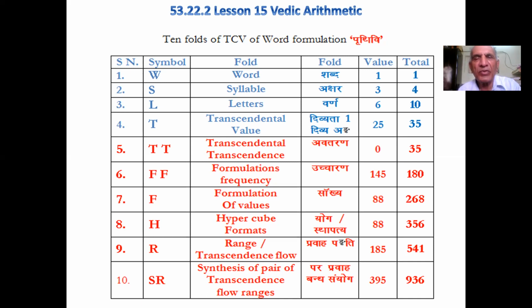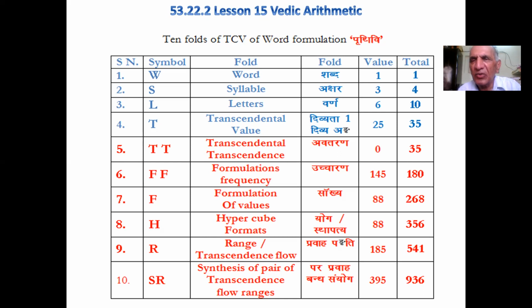Like that, we sequentially proceed up to the 10th fold, and the total value reached for all these 10 folds is 936. The fold-wise values, 1, 3, 6, 25, 0, 1, 45, 88, 88, 185, 395, give us a values range which is to be distinctively chased.